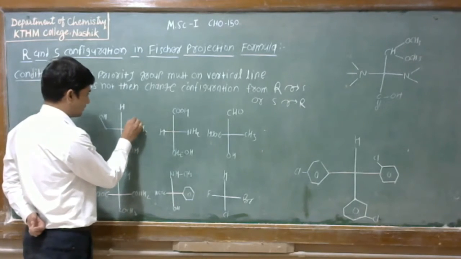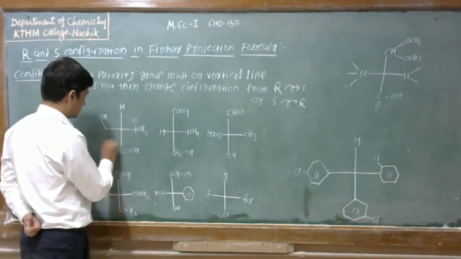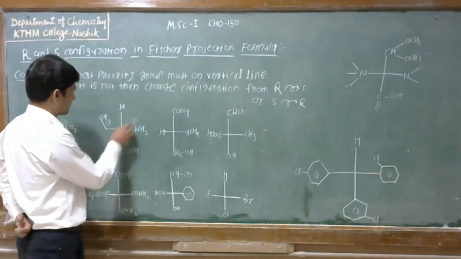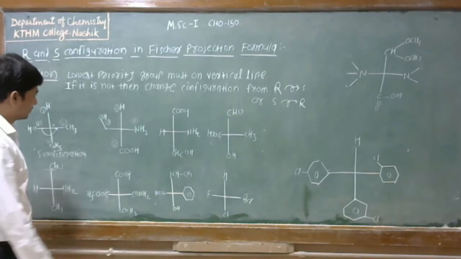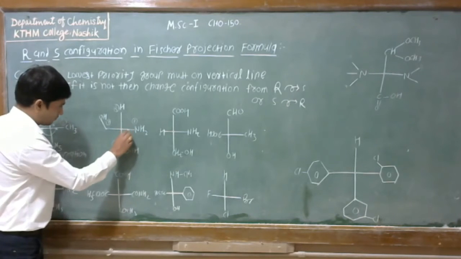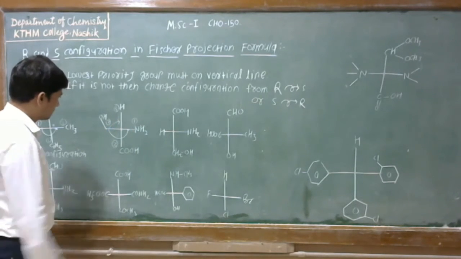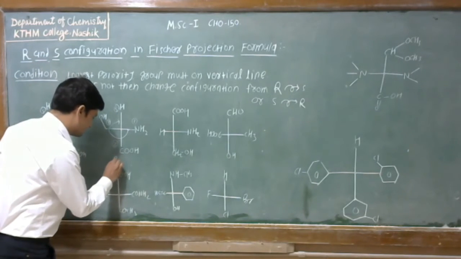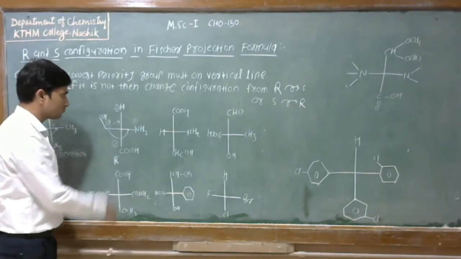Therefore, this has first priority. This carboxylic acid has second priority. This CH2OH group has third priority, and hydrogen has fourth priority. So we move here from first to second, second to third, and third to fourth. Therefore, this is the clockwise rotation, and hence this compound has R configuration.